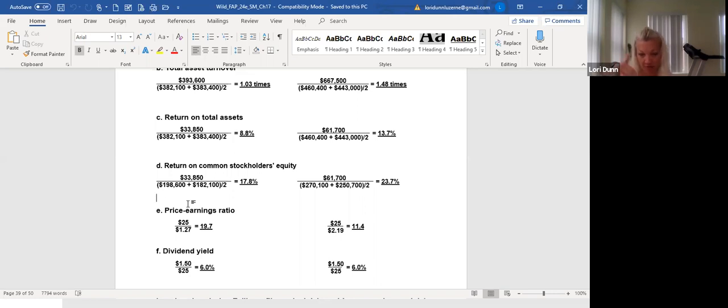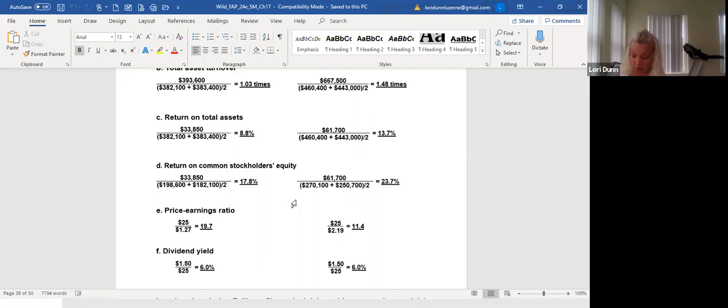So here we have the price earnings ratio, the PE ratio. We take the market price per share, the common stock market price. They told us in the problem both companies have the same market price, $25, divided by earnings per share.